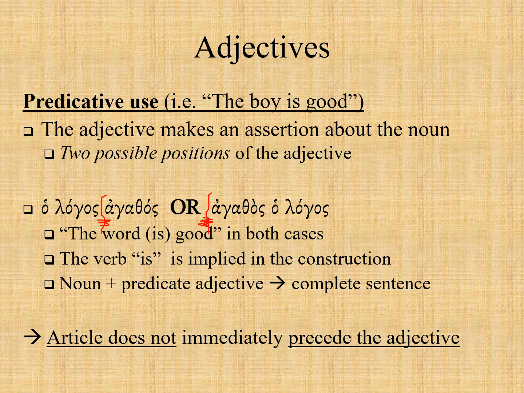So a good word. But when that's not the case, then we have to translate predicatively. So that is why ho logos agathos is the word is good and not the good word or a good word. Same thing here. Even though the word order is different, it doesn't make a difference. Agathos ho logos means the word is good.